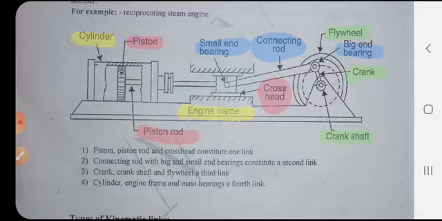Similarly, the connecting rod with big end and small end bearing constitutes a second link, in blue. Crank, crankshaft and flywheel constitute a third link, in green. And finally, cylinder, engine frame and main bearing constitute a fourth link, in yellow.